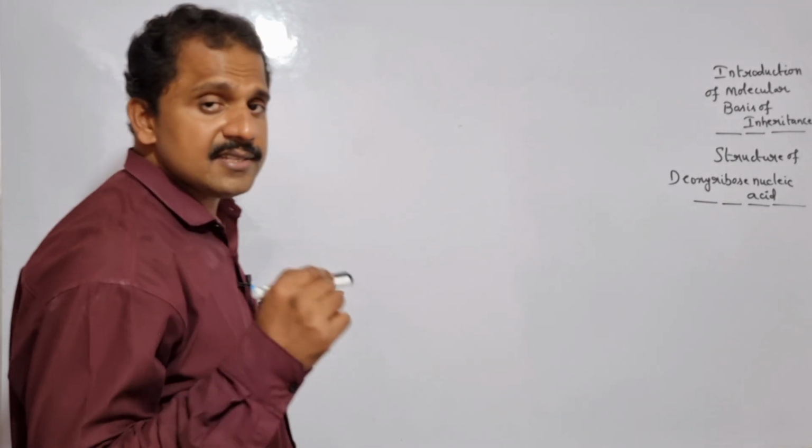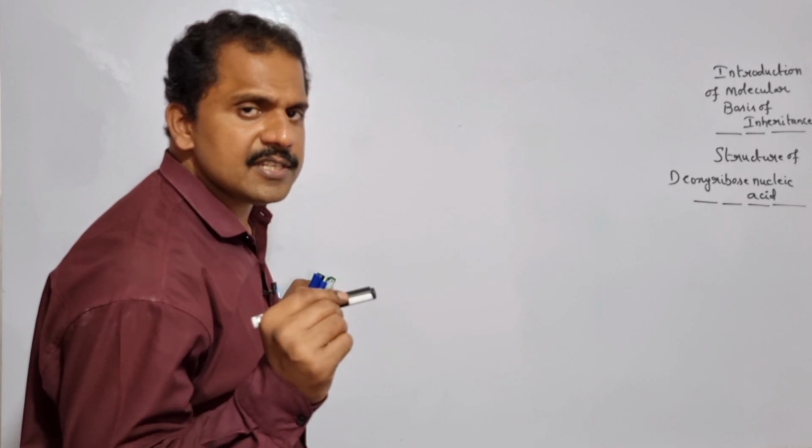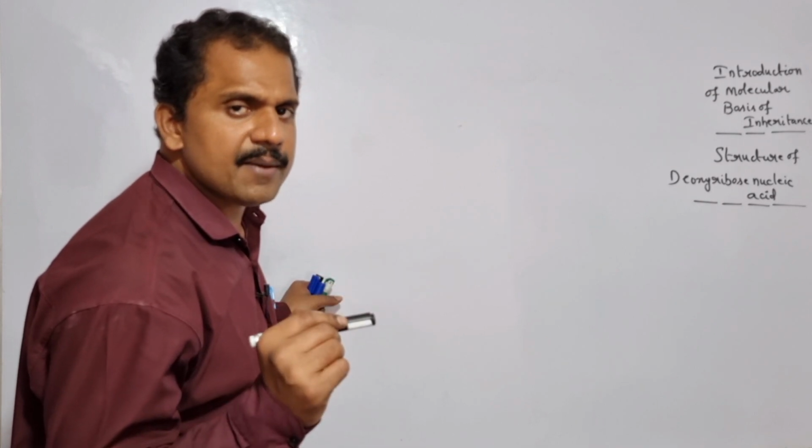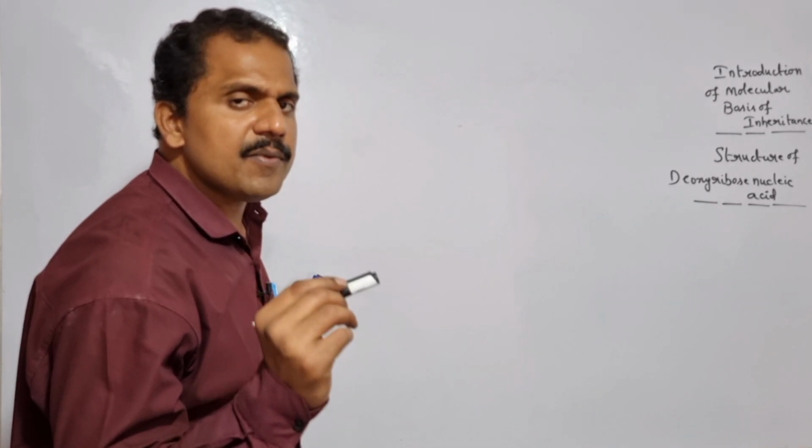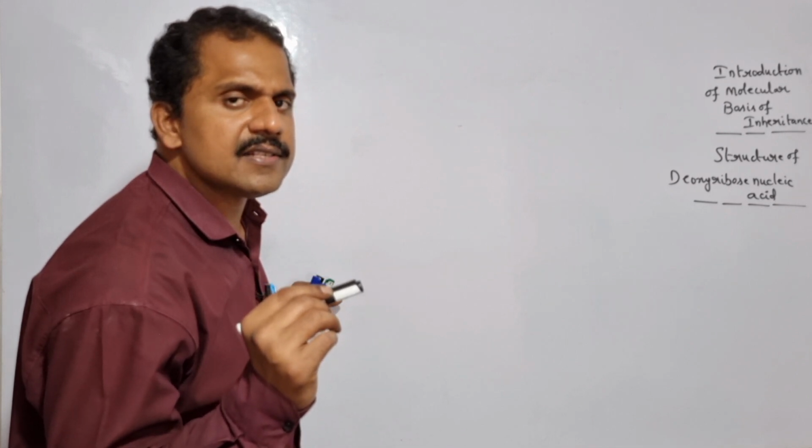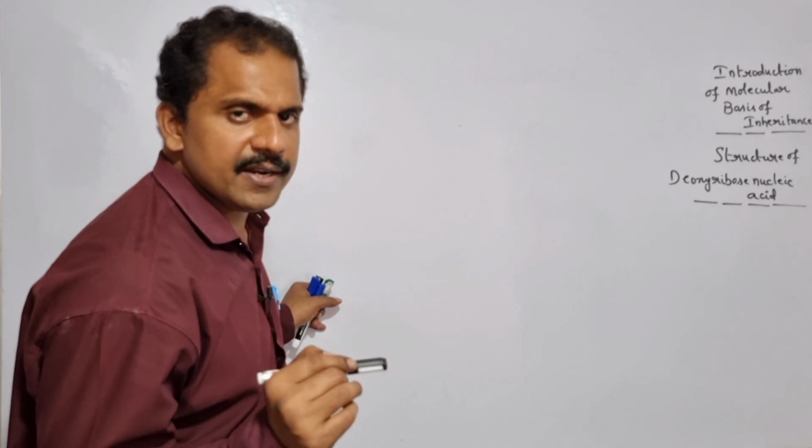And here, as already mentioned, all the nitrogenous bases which exist in the double-stranded DNA are capable of undergoing base pairing. It is because of what? It is because of the complementarity relationship.